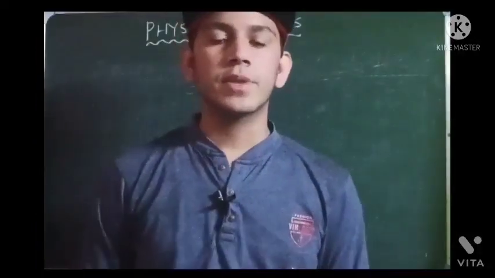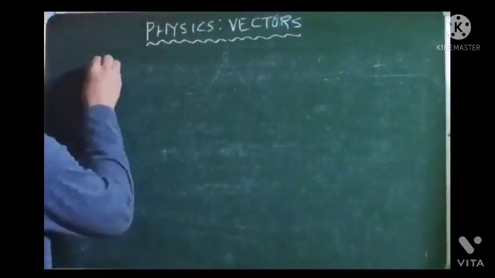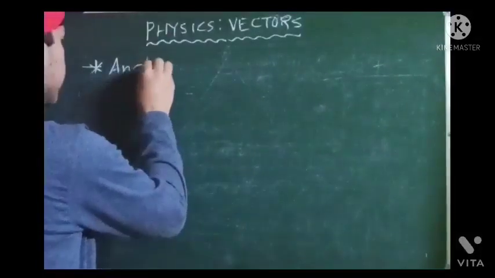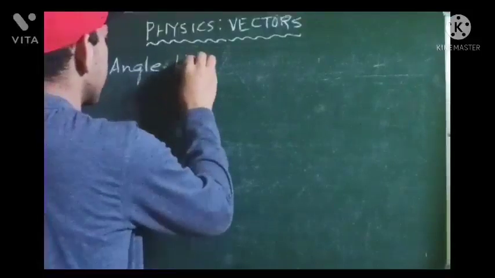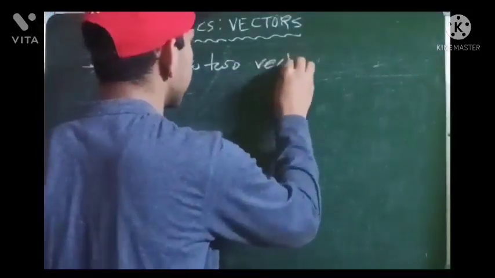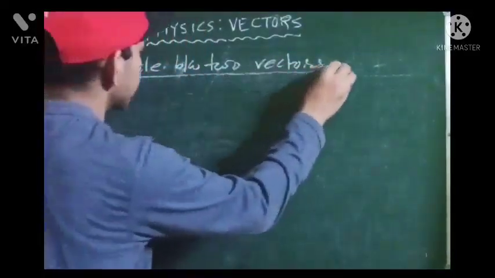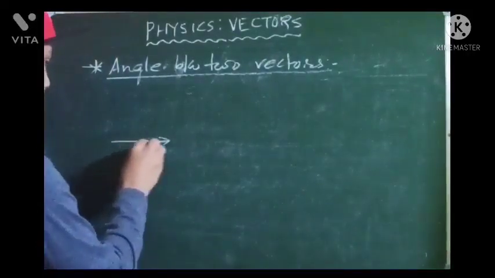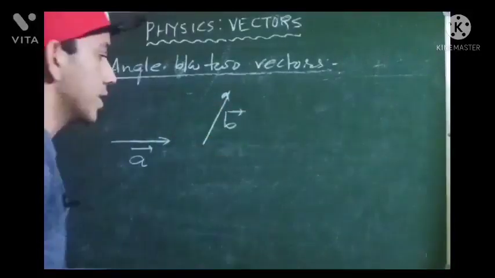Next, we are going to see how to find the angle between two vectors. What is the actual meaning of angle between two vectors? Let us suppose this is the A vector and this is the B vector.